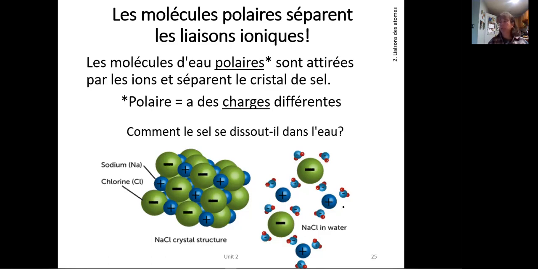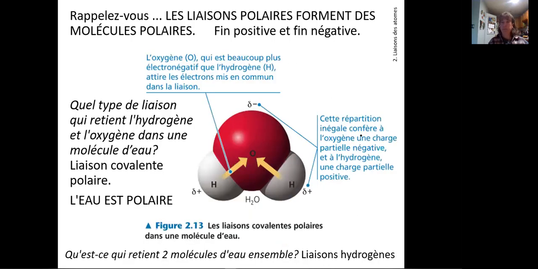And that is why salt dissolves in water. Remember, polar bonds form polar molecules, which will have a positive end and a negative end. So here in water, we have a negative end on the oxygen, positive end on the hydrogen.